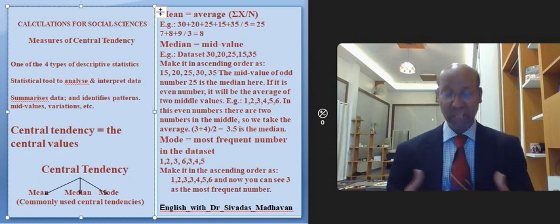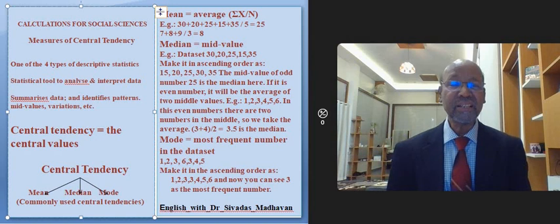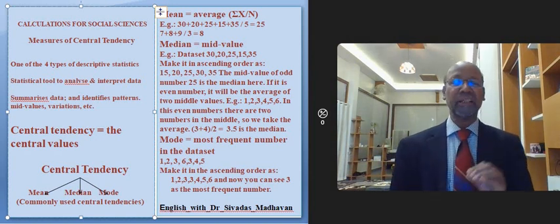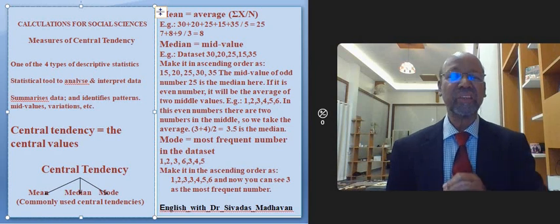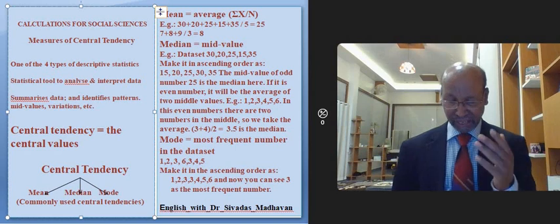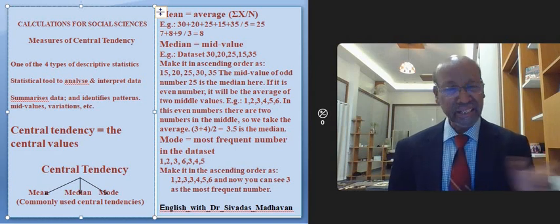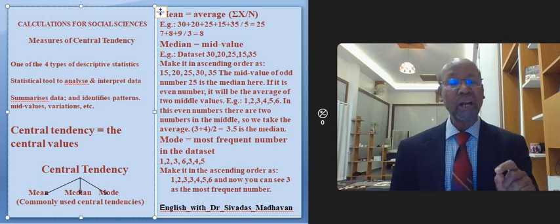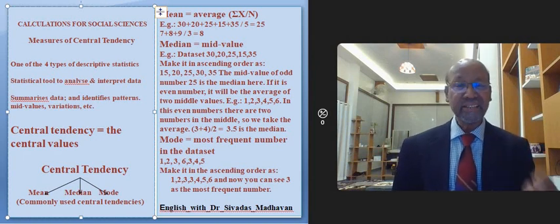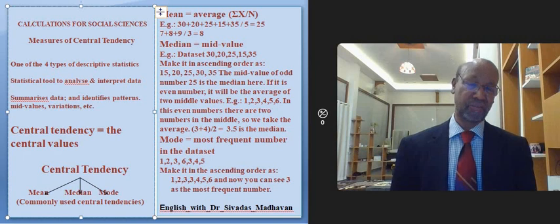So the third one, the last one, is mode. Mode is the most frequently repeated number, or the number that occurs again and again, or more than once. An example: in the data set, the data points are 1, 2, 3, 6, 3, 4 and 5.